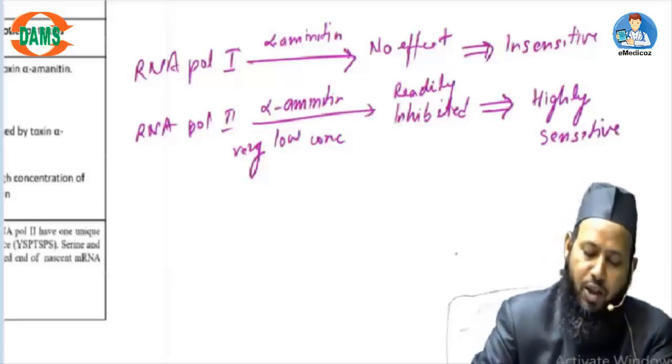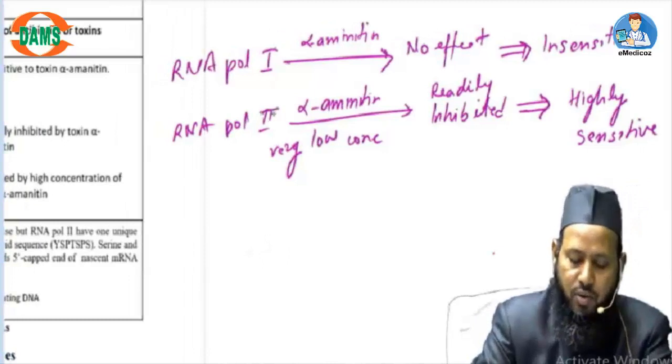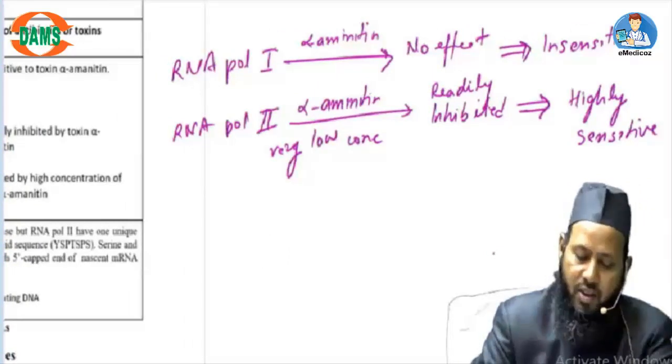So RNA pol 2 is highly sensitive to alpha amanitin.